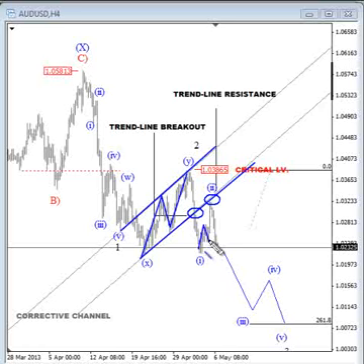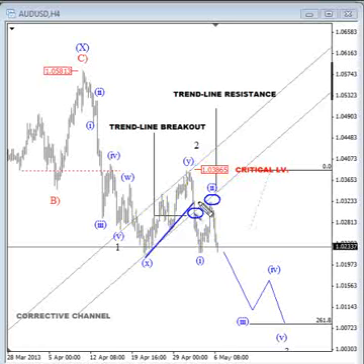Then we have only a 3 wave bounce, which reversed from this lower side of this trading channel. So this support line became resistance here, and I think the market is headed lower, and we will be looking lower as long as prices trade below this wave 2 swing high.